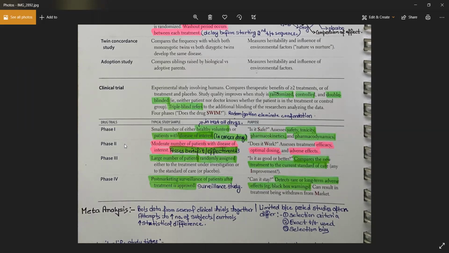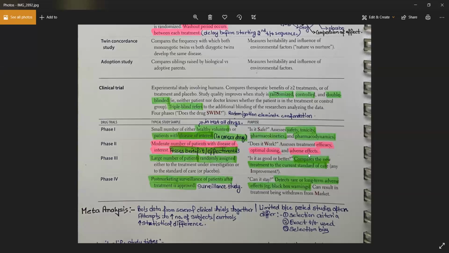Okay. Then comes phase 2. From phase 2, phase 3, and phase 4, you are always going to use the drug in diseased individuals, or individuals with the disease of interest. In phase 2, you will use a moderate number of patients, like 100 or 150 individuals, let's say. You will give the drug to these patients and check for adverse effects.